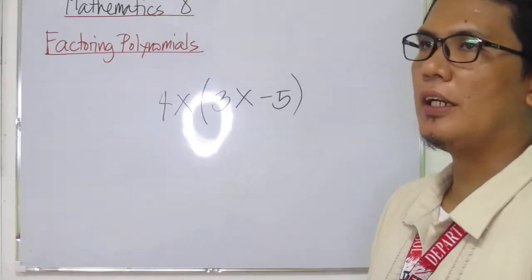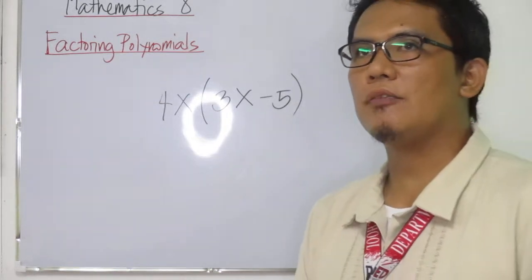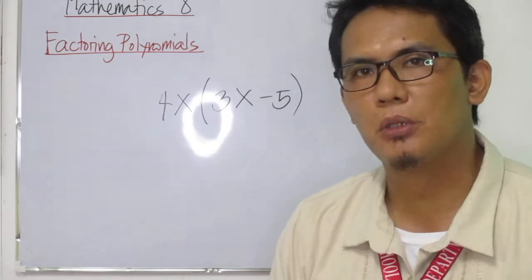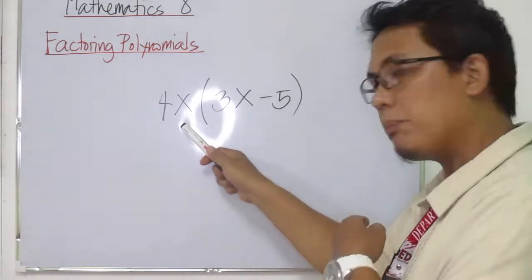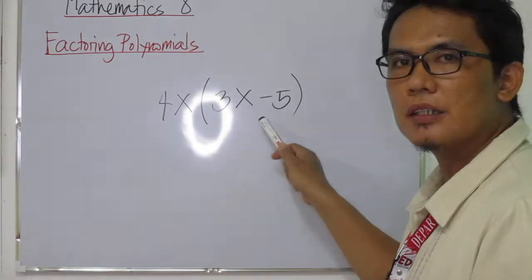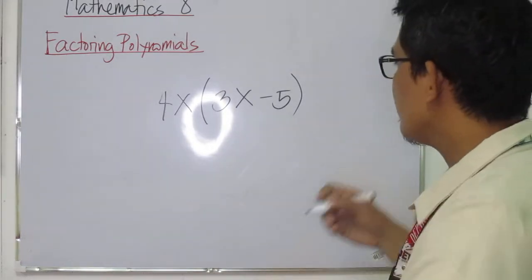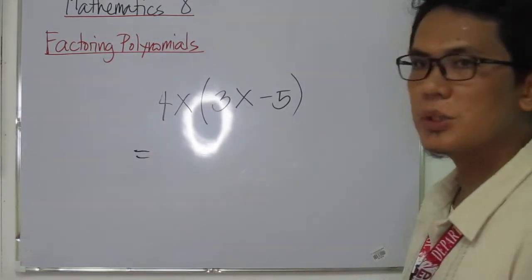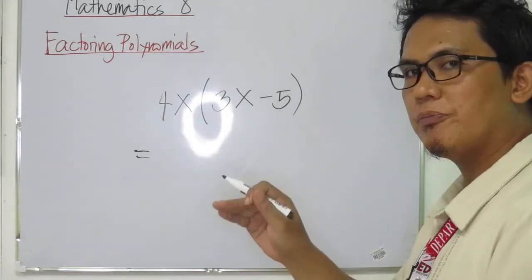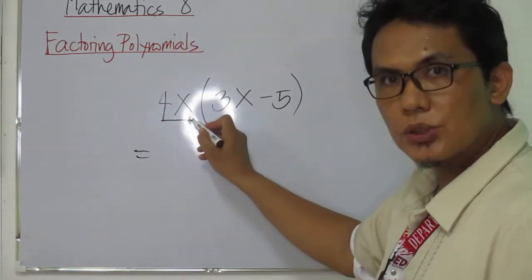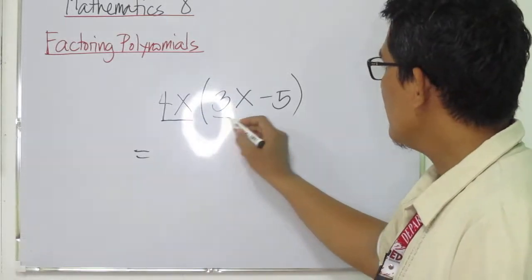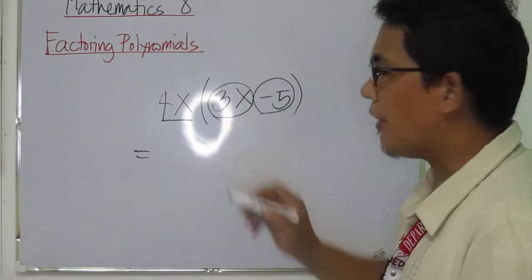The first thing we're going to do is identify what are the things that we're going to multiply. So we have 4x that will be multiplied to our 3x minus 5. Therefore, we're going to use the distributive property. We're going to distribute our 4x to our binomial 3x and negative 5.